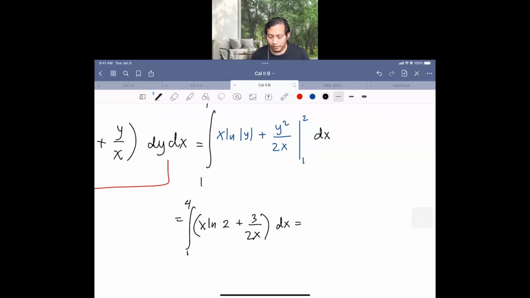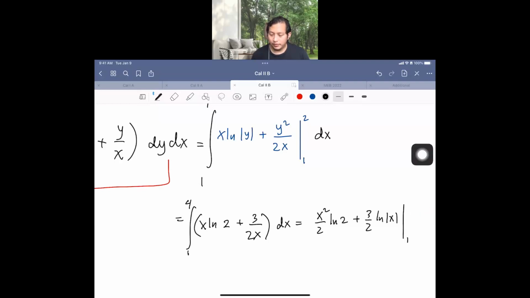So now we integrate x squared over 2 ln 2 plus 3 over 2 and then ln x, and start to evaluate from 1 to 4.